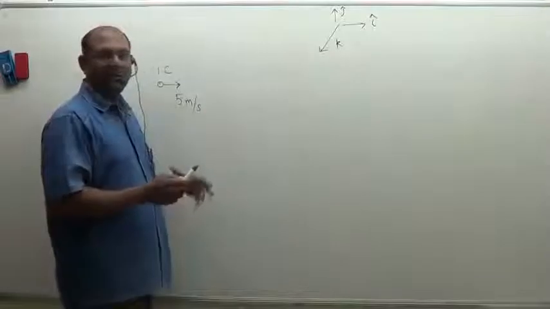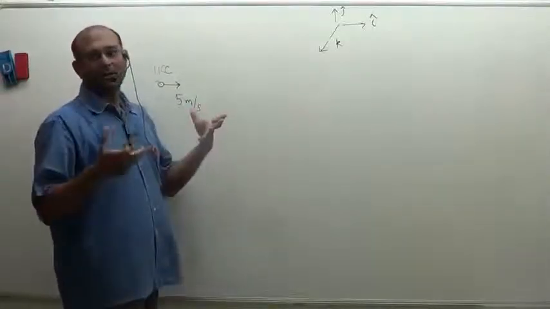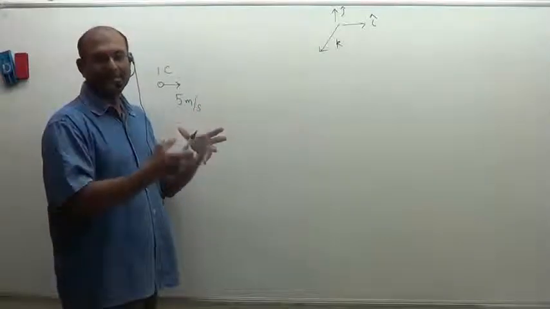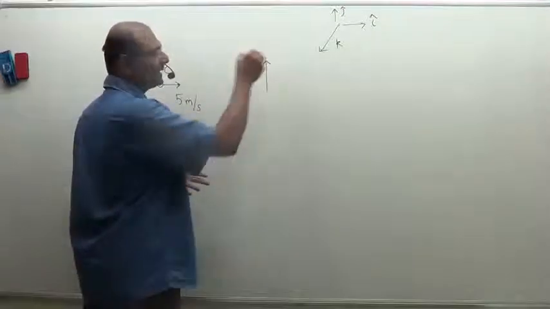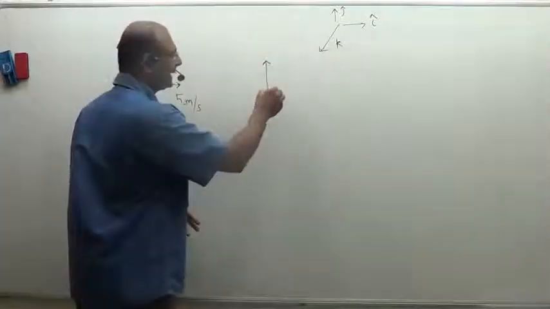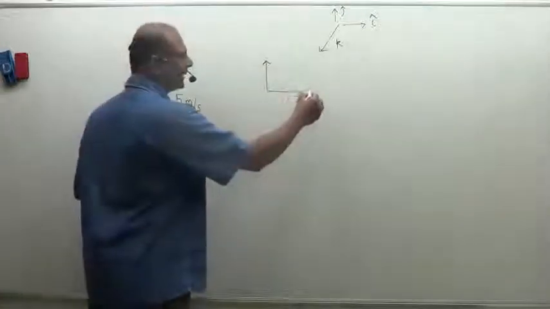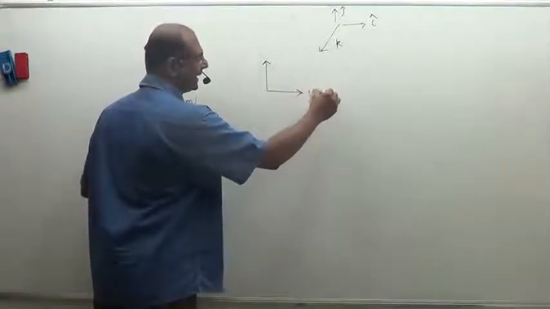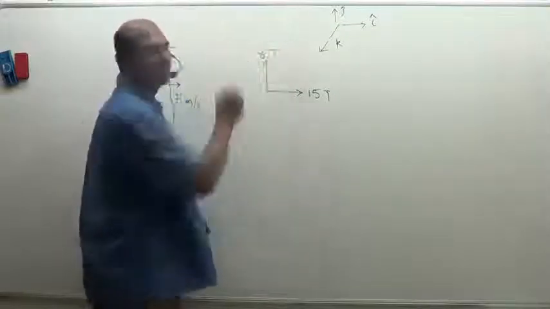Here I have a magnetic field and the magnetic field has 2 different directions. Basically it's a vector magnetic field. I am giving you its components. One component is like this. The second component of the magnetic field is like that. Now this component is 15 Tesla and this component is 8 Tesla.